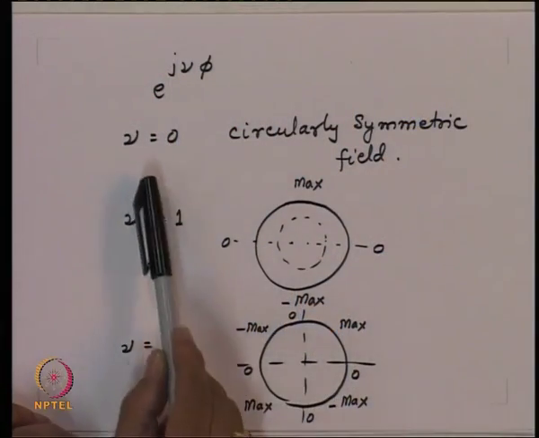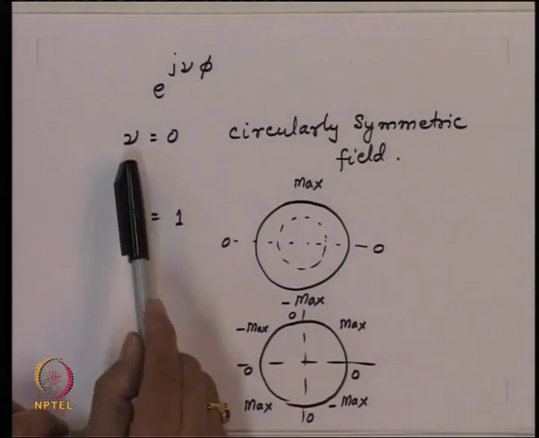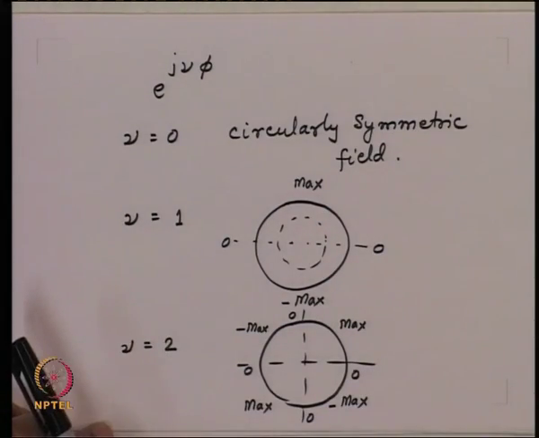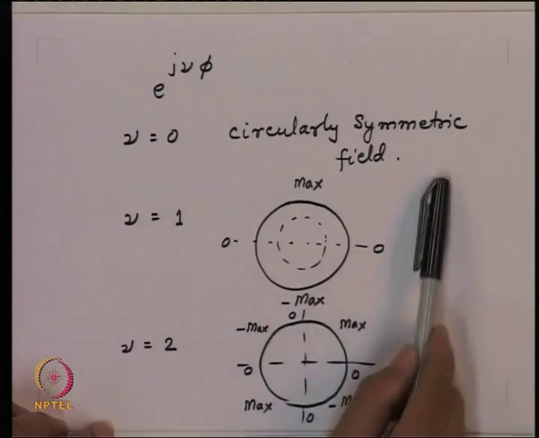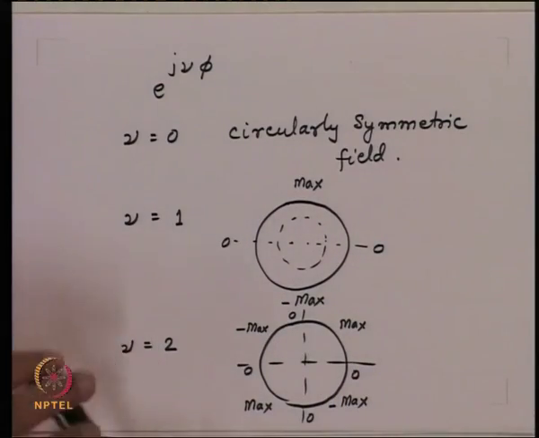Whereas, if you go to the skew rays, we saw that the skew ray always spirals around the axis of the fiber, and because of that you have low intensity at the axis of the fiber. Precisely, that is what these two quantities are telling us: if I consider a circularly symmetric case which corresponds to nu equal to 0, then these modes or fields correspond to the meridional rays.